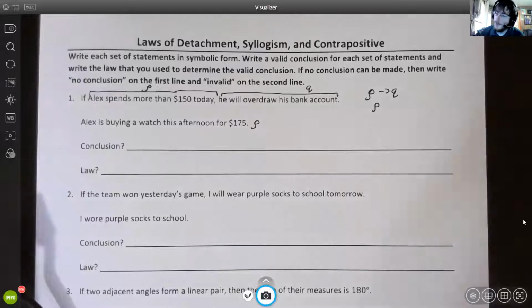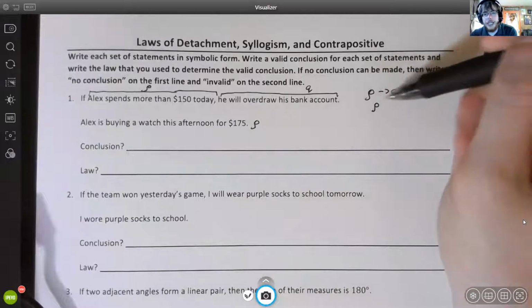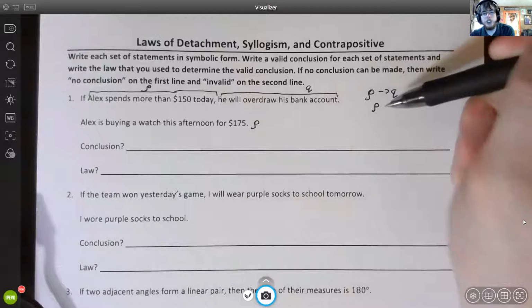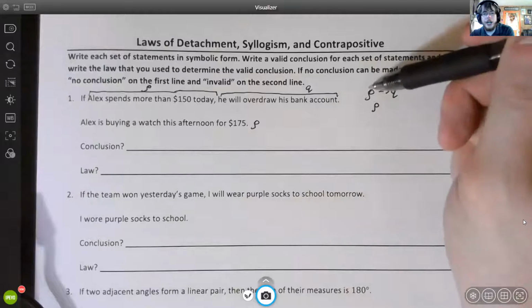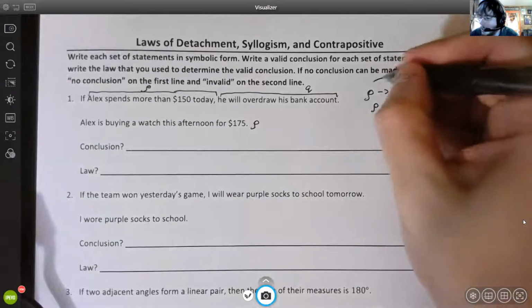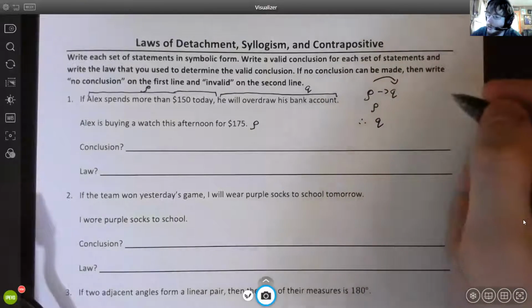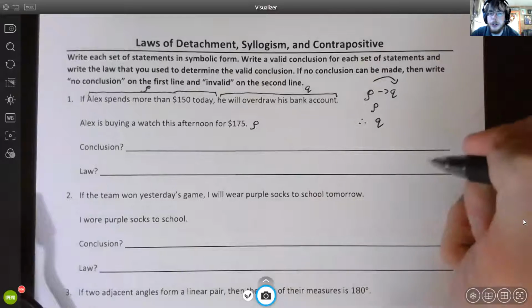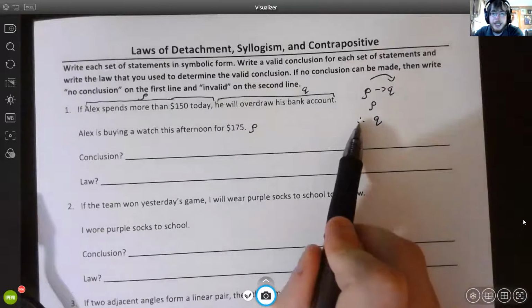So let's look here. P is our hypothesis. In our second statement here, it says P is true. So when it just says P here, that means P is true. So the hypothesis is true. Since the hypothesis is true, we can say that Q is true. Therefore, Q is true. And this would work by the law of detachment. Now we're just going to translate our symbols back to English.